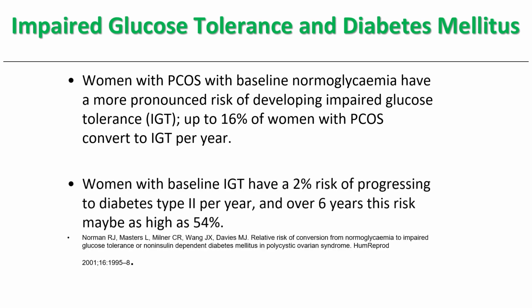And women with baseline impaired glucose tolerance have a 2% risk of progressing to diabetes type 2 per year. Over 6 years, this risk may be as high as 54%, and that's a big number, and one must take it very seriously.